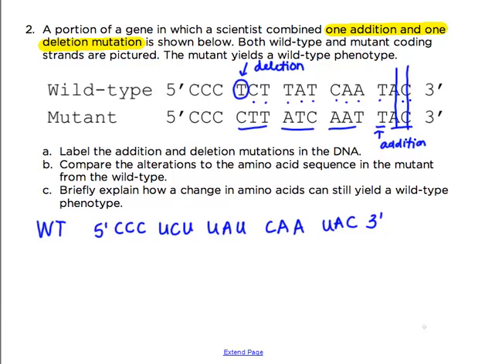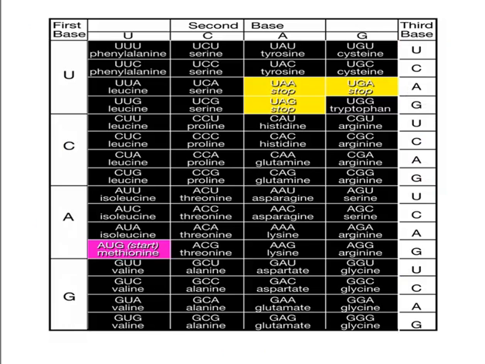Now let's look, using our genetic code, what these codons actually code for in amino acid language. So the first codon that we're going to look for is CCC. When you look here, you start on the left-hand column, which is the first base, and you go to C. Then you go over to the second base, which is C, and again we're looking for CCC, which is right here, and that's a proline.